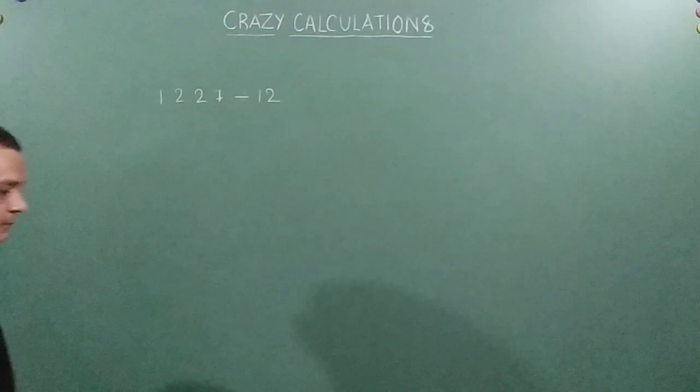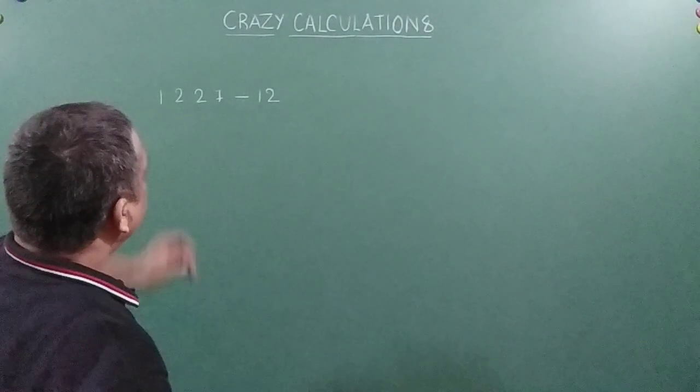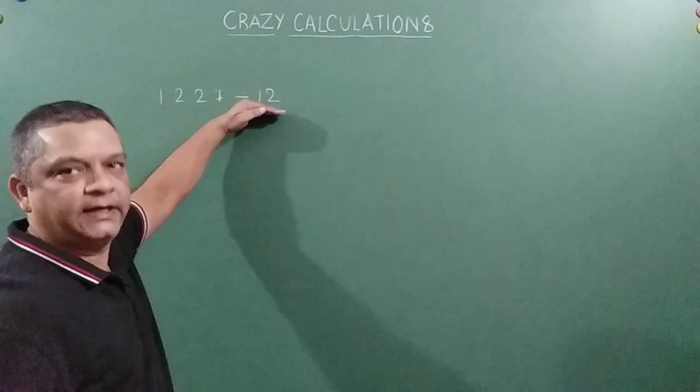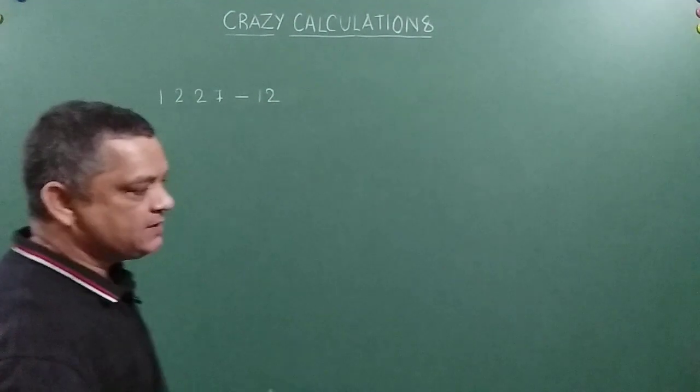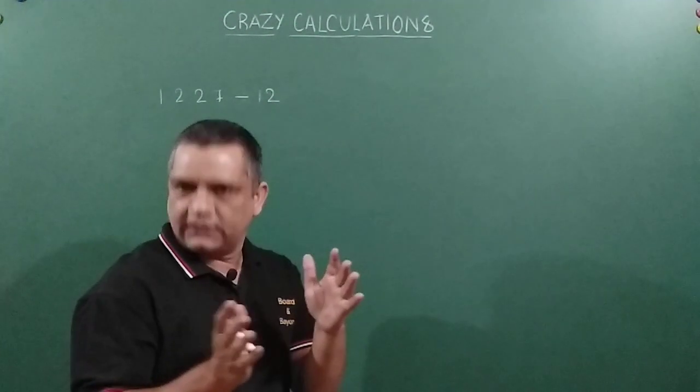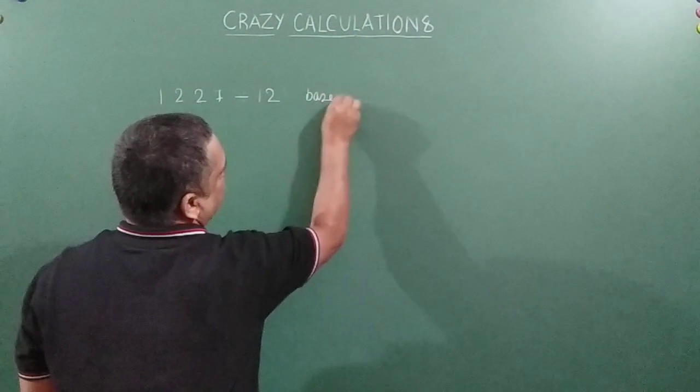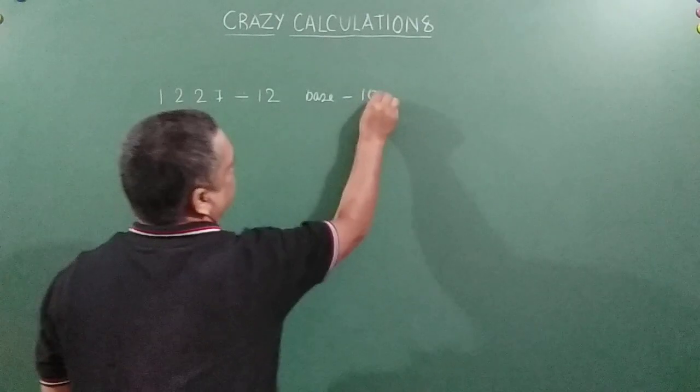Okay, now friends, you can see this is a 2-digit number, 12. So the base should be 10 for this 2-digit number. First we will mark the base. Base is 10.